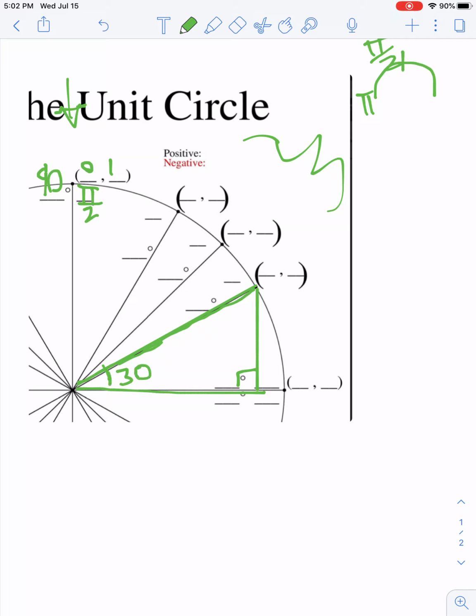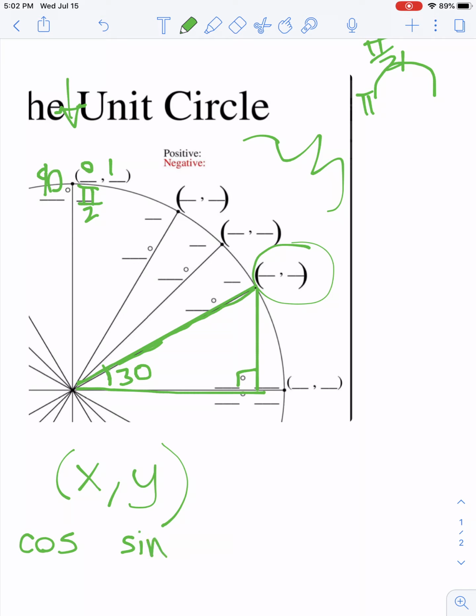Let's just focus on the degrees for now. We want to find the coordinates of those points right there. You learned in a previous video that for a point, an x and a y, your x is your cosine and your y is your sine.